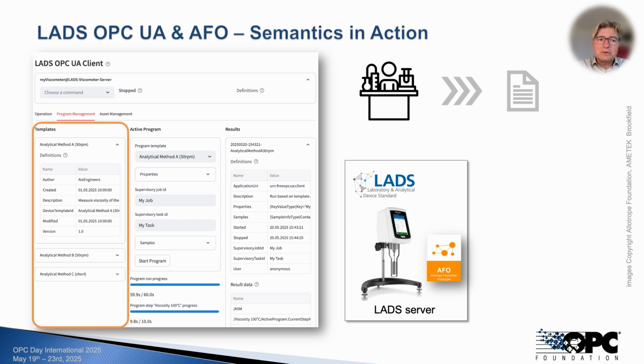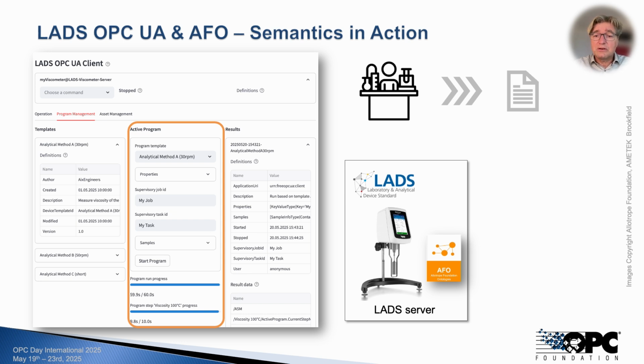On the left, we see a list of available program templates, including our earlier example, analytical method A. The center area is used to initiate and monitor program runs. This is typically how an LES or LIMS system would orchestrate workflows. On the right, we see result entries, structured and semantically traceable.